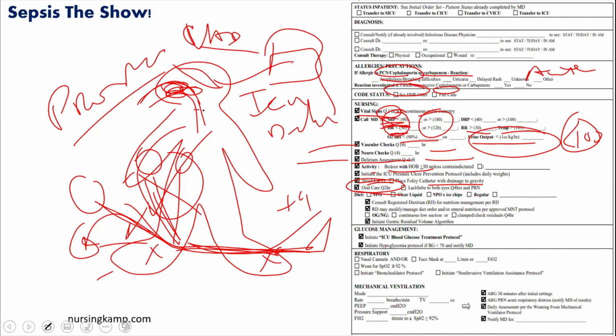So it doesn't go down to that ET tube and potentially cause a pneumonia on top of the sepsis. So strict oral care and lubrication for both eyes, that's more because the patient is sedated or paralyzed. And we talked about that with paralyzation in their eyes. You know, they're not blinking, right? So the eyes are somewhat open, so they dry out. So you have to kind of close them.